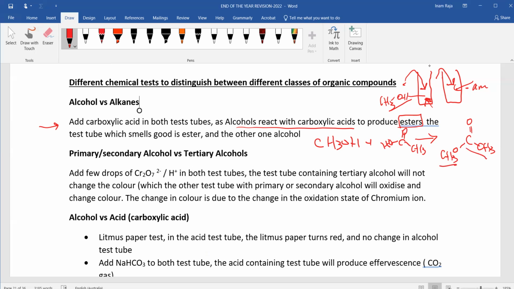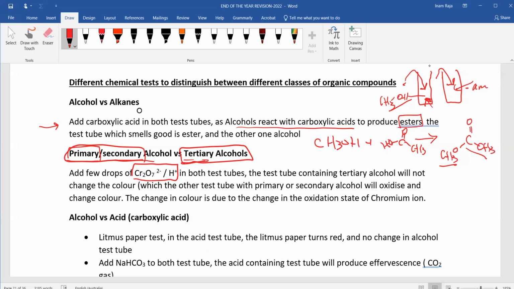Now, if you're given two test tubes, one contains primary or secondary alcohol and one contains tertiary alcohol, and they ask you to differentiate which one has tertiary, which one has primary. You add an oxidizing agent, for example, Cr2O7 2- or MnO4- in both test tubes.